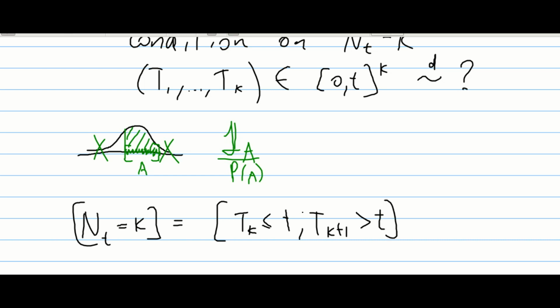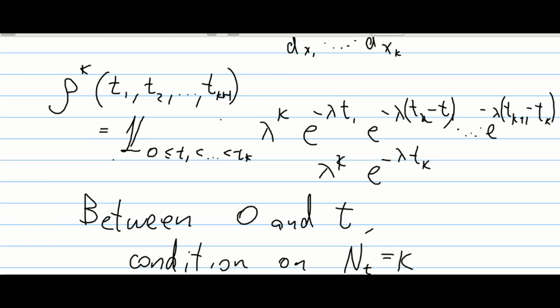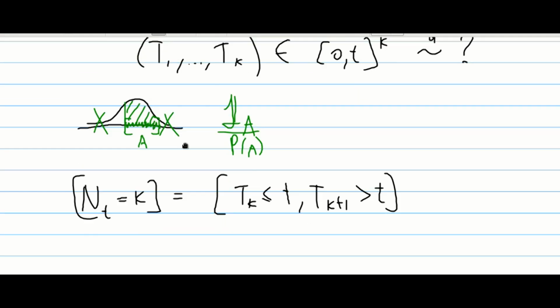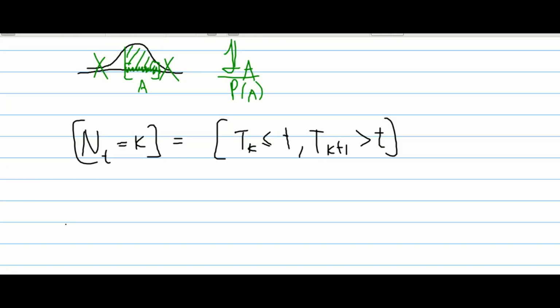We have seen this already in the previous lemma. So it does involve tk plus 1, but it doesn't matter because we have the density for t1 up to whatever we want. So the density of t1 all the way up to tk plus 1, we know what it is, and we want to intersect with this event.